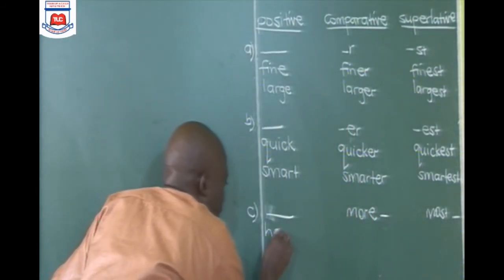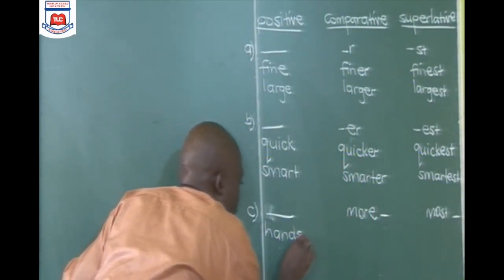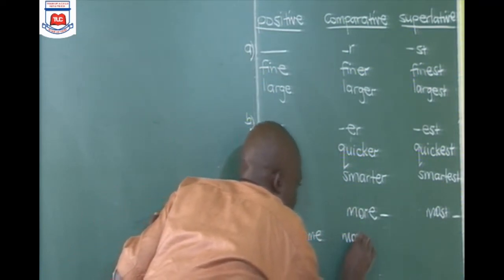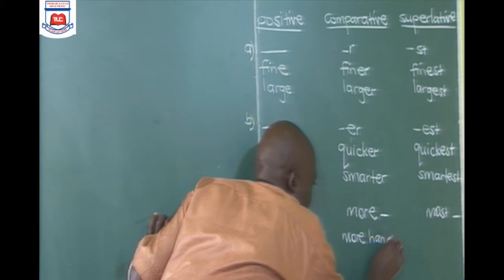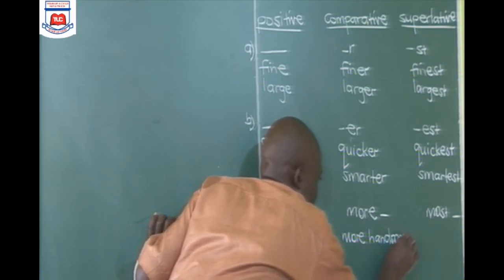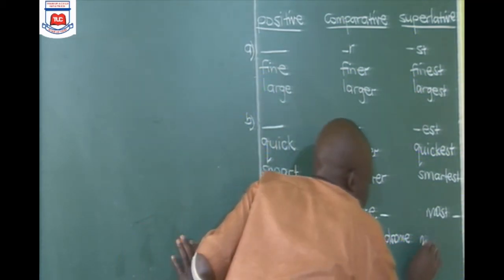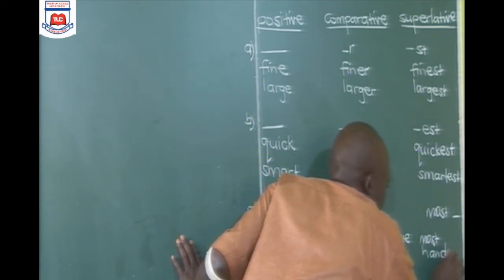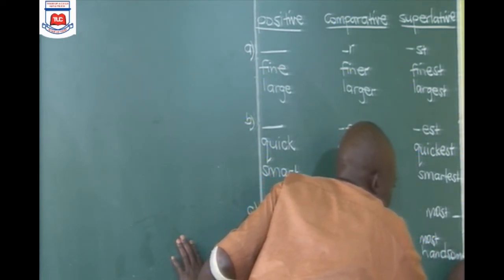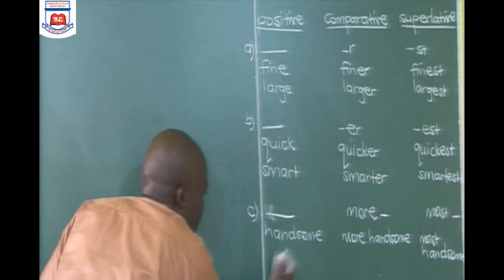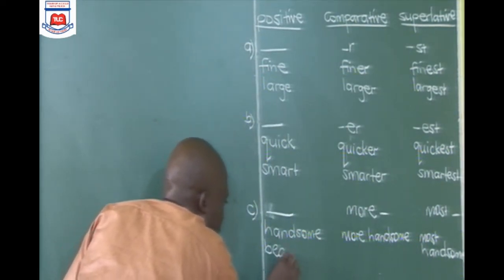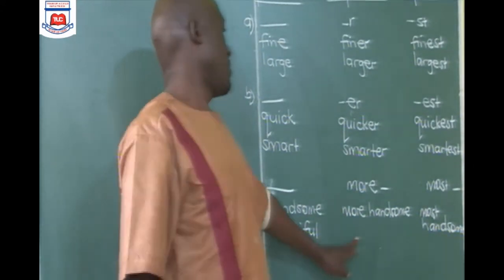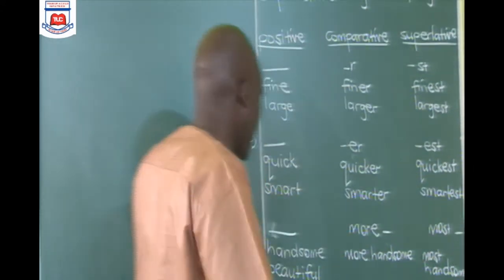We can have handsome: the comparative is more handsome, and the superlative is most handsome. We can have things like beautiful: the comparative is more beautiful, and the superlative is most beautiful.